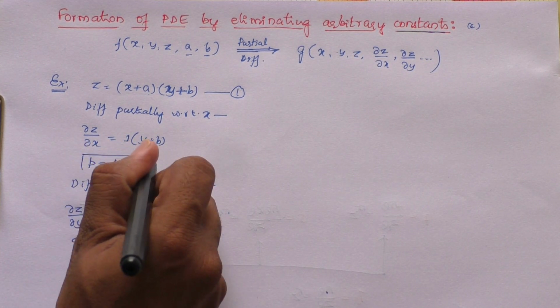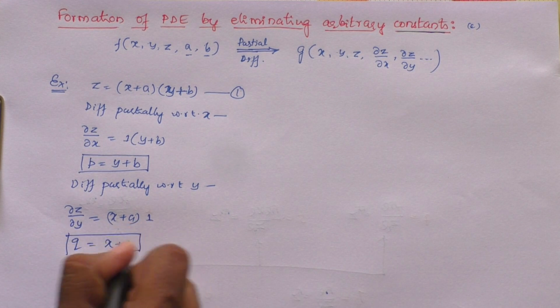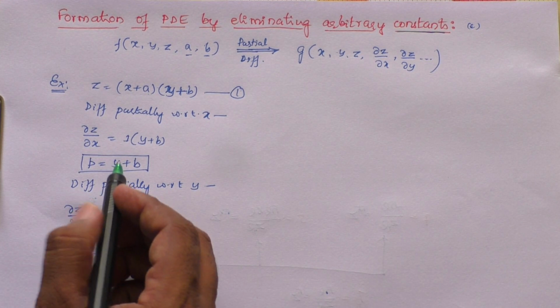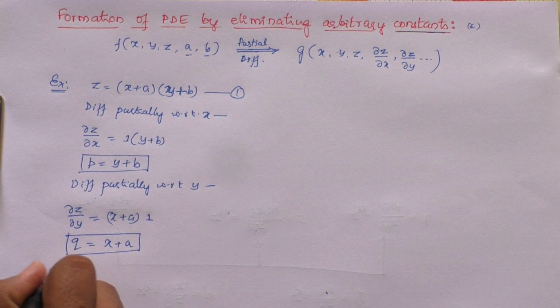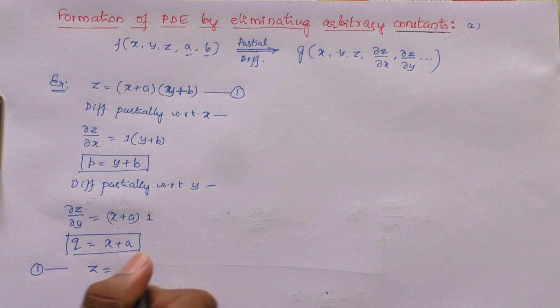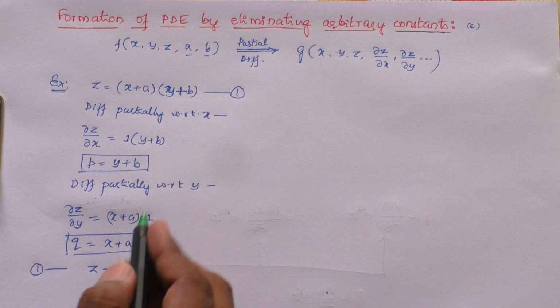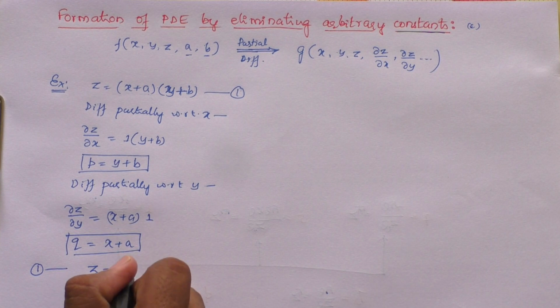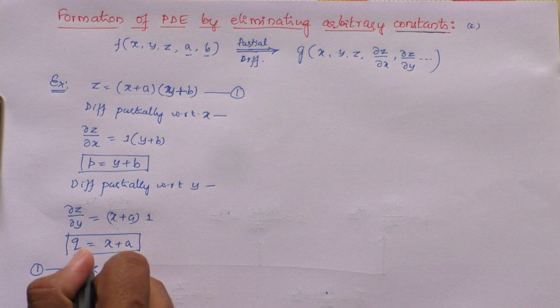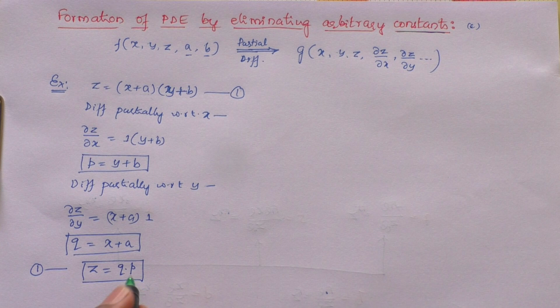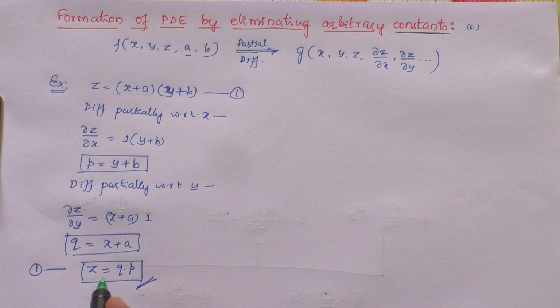We got p equal to this, q equal to this. These are partial derivatives. Now substitute in 1: z equal to x plus a, which is q, into y plus b, which is p. So z equal to pq, where p and q are partial derivatives. This is called formation of PDE by eliminating arbitrary constants.